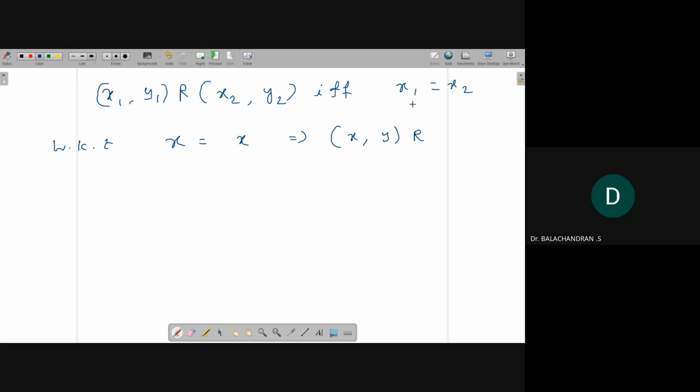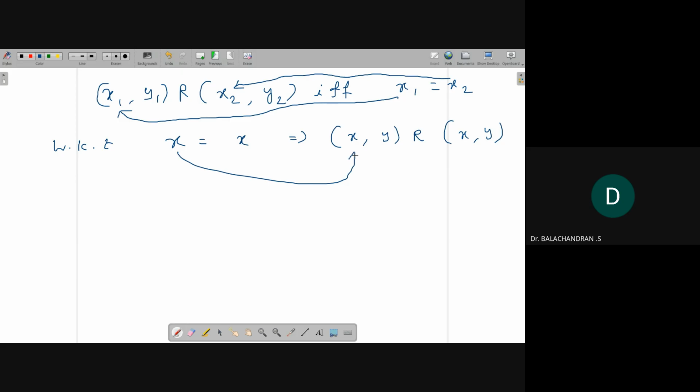So we have x comma y, and hence R is reflexive. You can write whatever you need here, because I need y here, and here also I'll put y. So then only I can show it is reflexive.